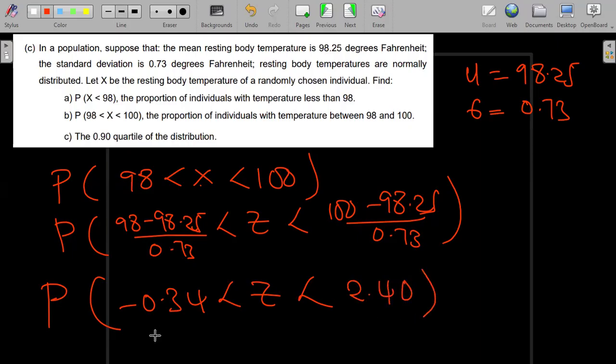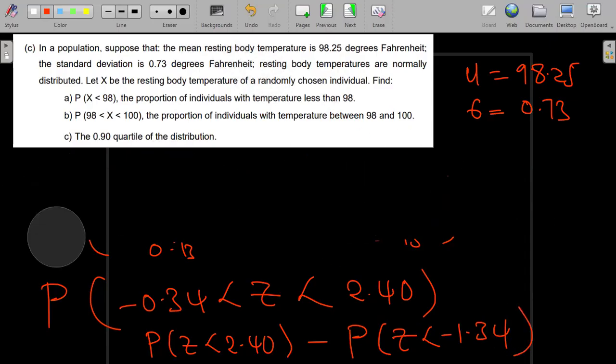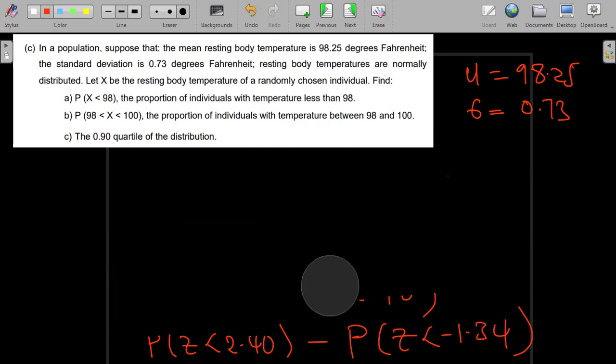So this means it's the probability that Z is less than 2.40 minus the probability that Z is less than minus 0.34. You can get these Z-score values from the Z-score table, this one from the negative table, this one from the positive table. So I won't show that, but when you do that, what you get is this. So the probability that Z is less than 2.